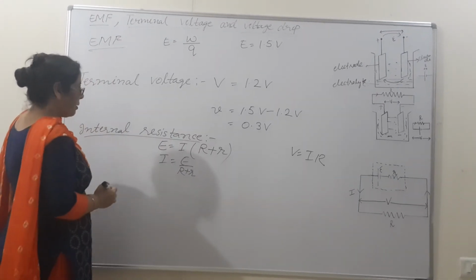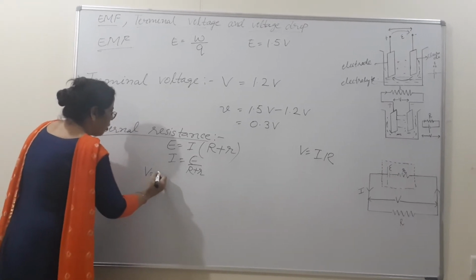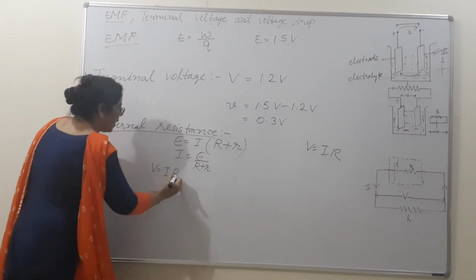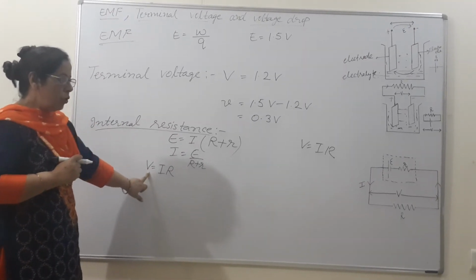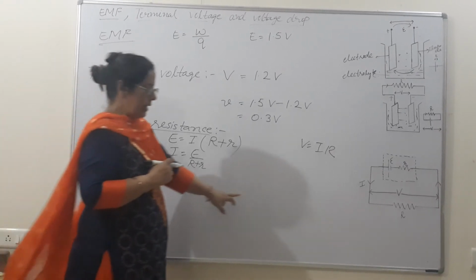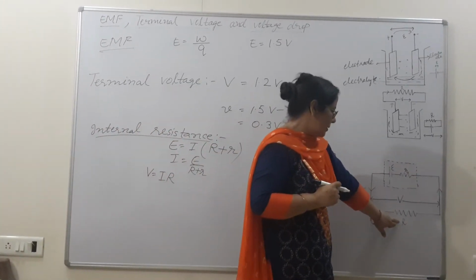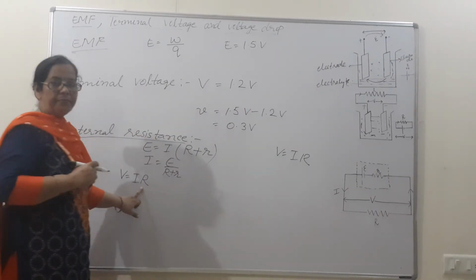For terminal voltage, the symbol is V. It will always be equal to I into R. For terminal voltage, no need to include small r. Only the external resistor will be included in this formula.